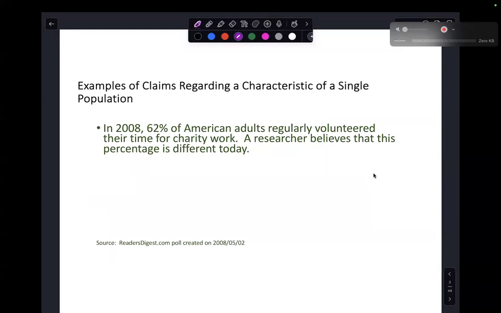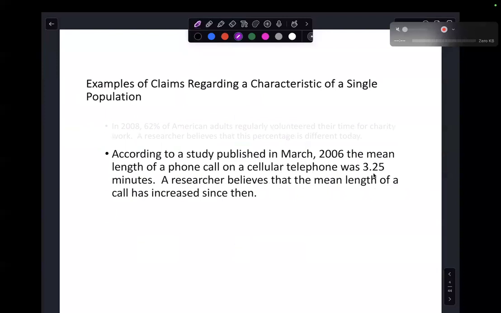So a previous study at some point said that 62% of adults regularly volunteer for charity work. And then maybe this researcher has just talked to a lot of people that volunteer for charity work and is like, I just think it's different. So different could be greater than, or it could be less than, if he just doesn't think it's 62% anymore. So this is our first hypothesis.